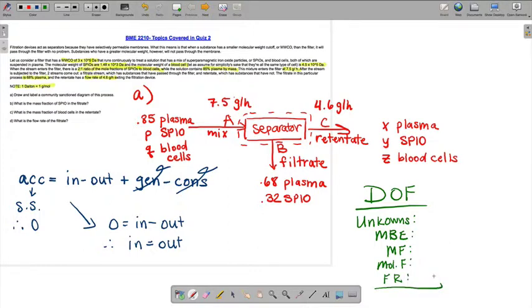And that will give us how many degrees of freedom we have. So how many unknowns do we have? We have 8 unknowns because we have 1, 2, 3, 4, 5, 6, 7, 8 unknowns. And then we have 3 mass balance equations because we have 3 different species.